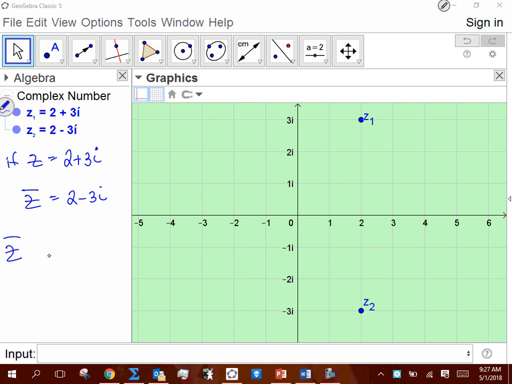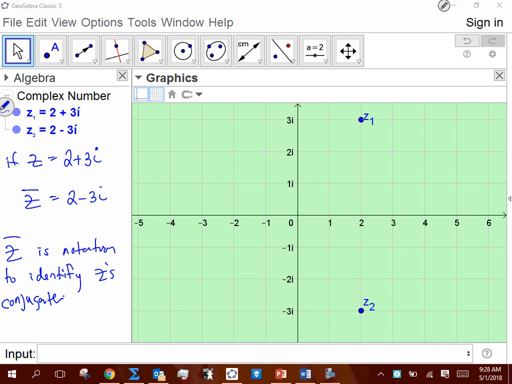Z bar is notation to identify Z's conjugate. If I know Z is 2 plus 3i, it's a lot easier to say Z bar instead of saying that Z sub 2 is equal to 2 minus 3i. It just condenses our amount of notation and writing.